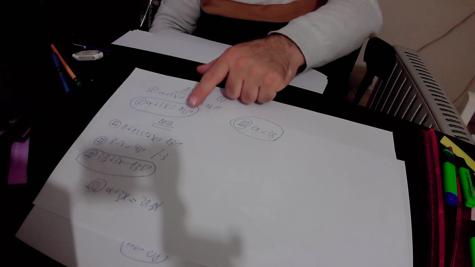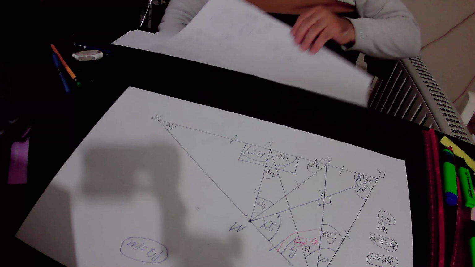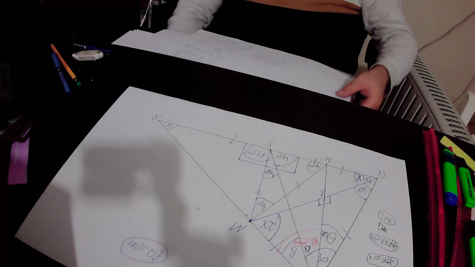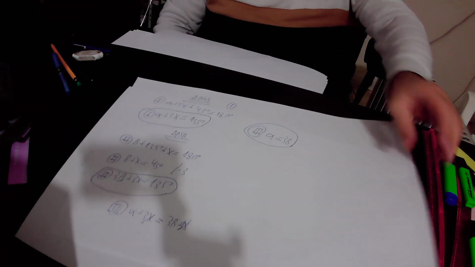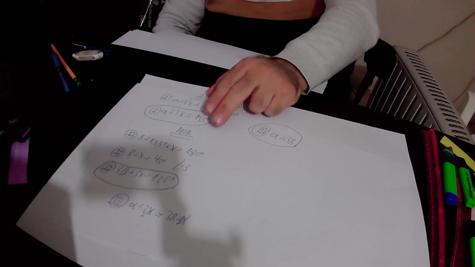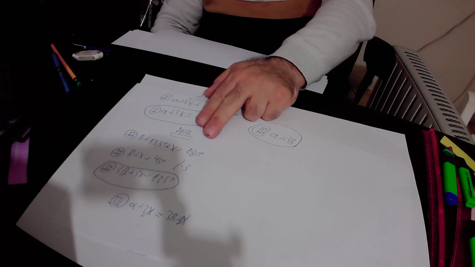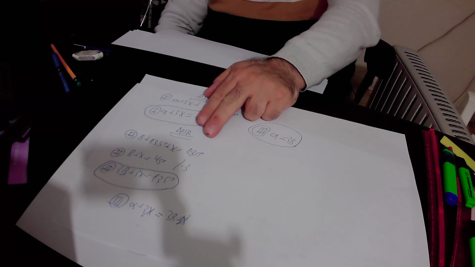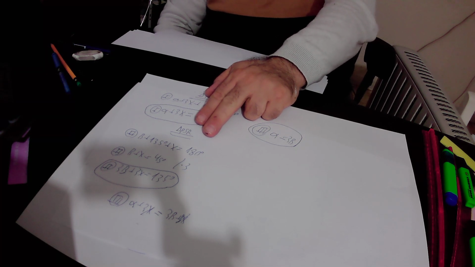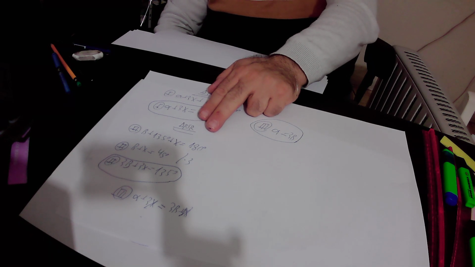Then we focus on triangle PSR. The sum of the angles in triangle PSR must also be equal to 180 degrees. That is to say, beta plus 145 degrees plus x must be equal to 180 degrees. We subtracted 135 degrees from this equation, equation number 2, and we got that beta plus x equals 45 degrees.